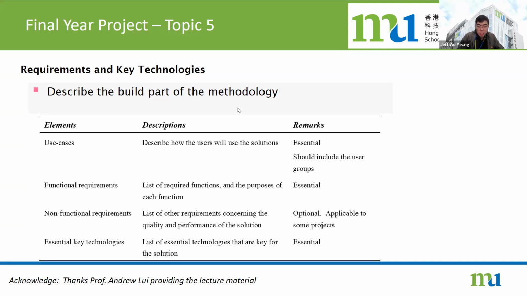So what is the use case now? You're going to provide me 4 parts in this methodology. Basically, the first is use case. Second, functional requirement. Third one, non-functional requirement. Fourth, essential key technology.